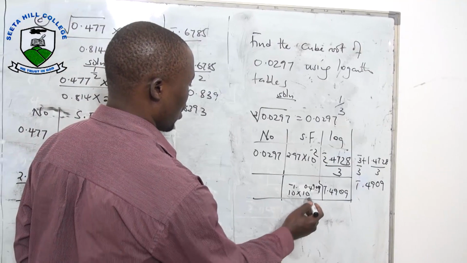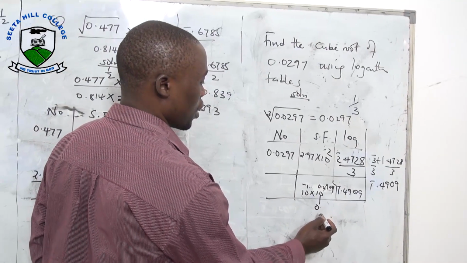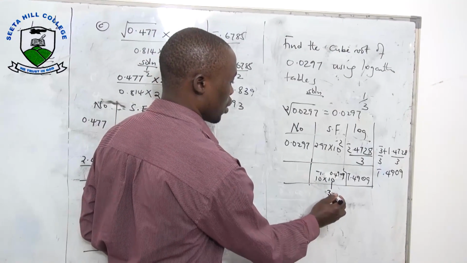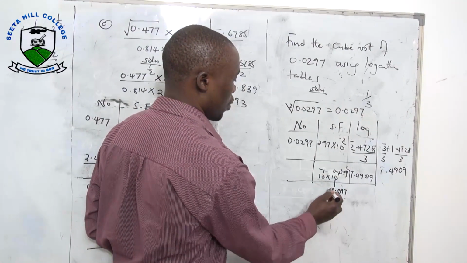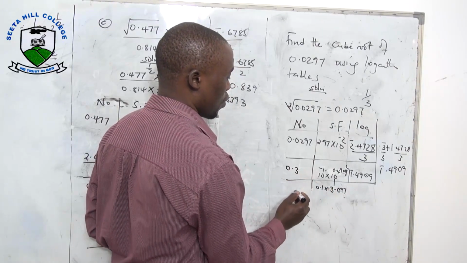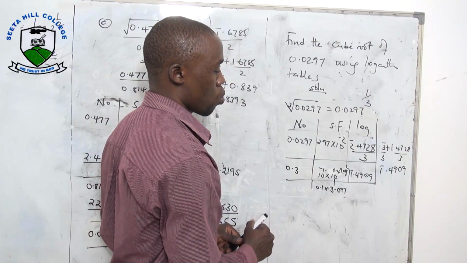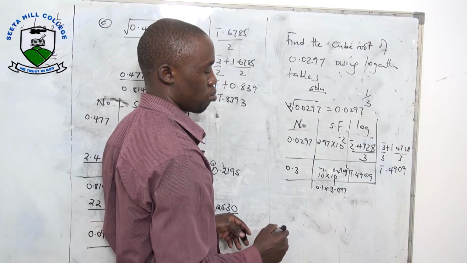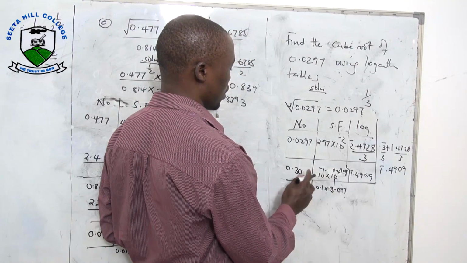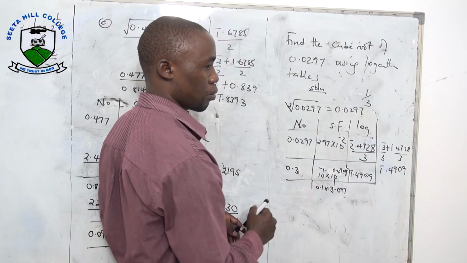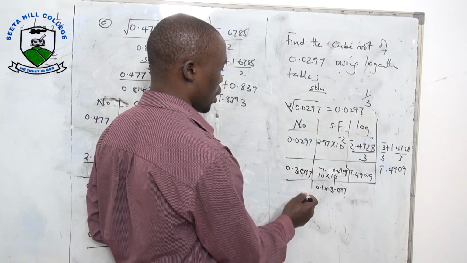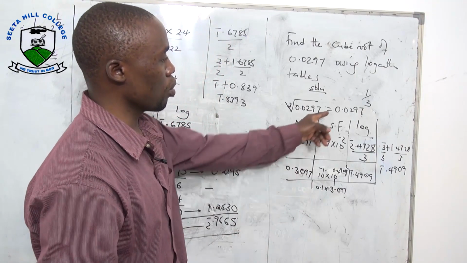The first one is 3.097. Then we are multiplying this. So it is 0.97. You test it. Is it the cube root of this?